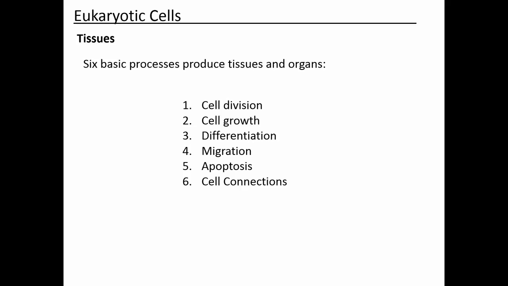So when you're initially in development, there's actually tissue between each of your digits. But what happens is all the cells that make up that tissue undergo apoptosis, and then that gives rise to your individual fingers later on, also your individual toes later on in development. And then obviously cell connections, which we just went through, are also important for producing tissues and organs because the cells have to obviously be connected to each other.